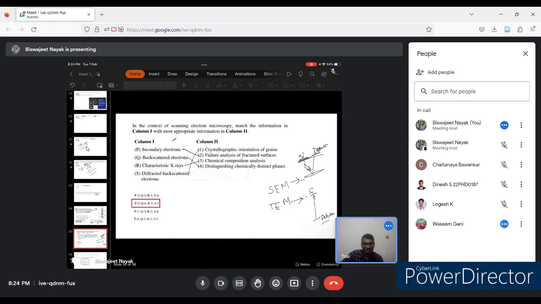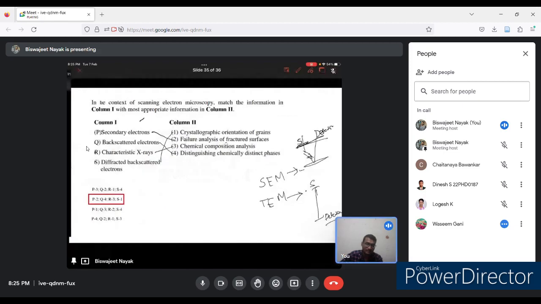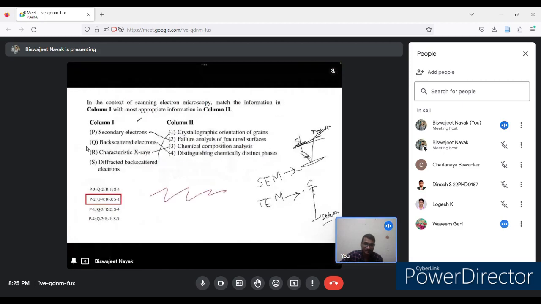When the low energy electrons face the surfaces of different heights, they leave the surfaces accordingly.